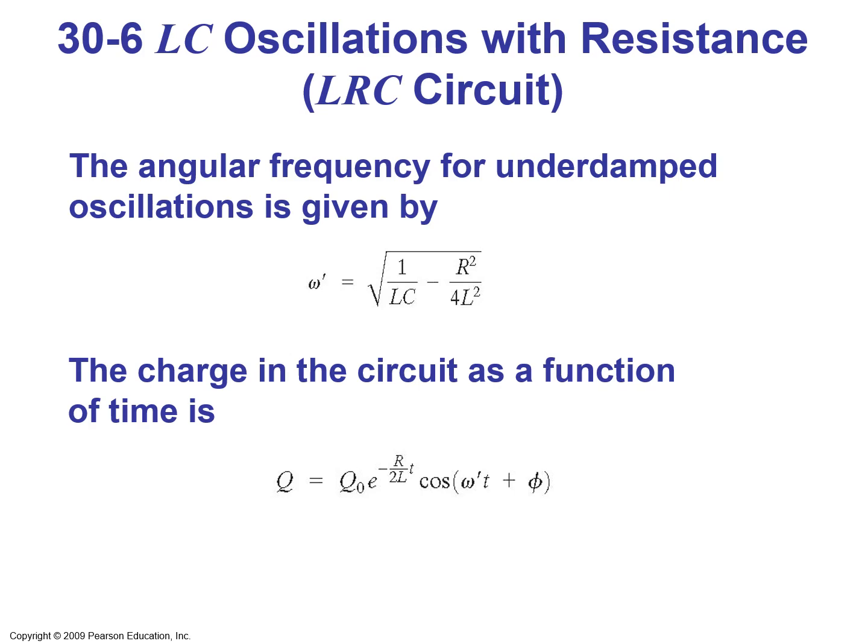The charge in the circuit as a function of time is given by Q equals Q naught times e raised to the power minus R over 2L times t, multiplied by cos (omega prime t plus phi).